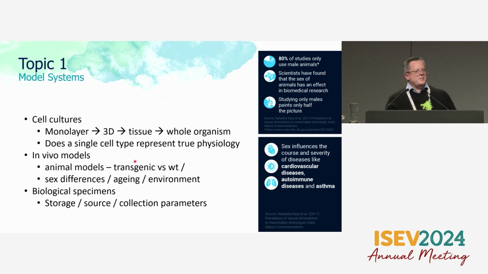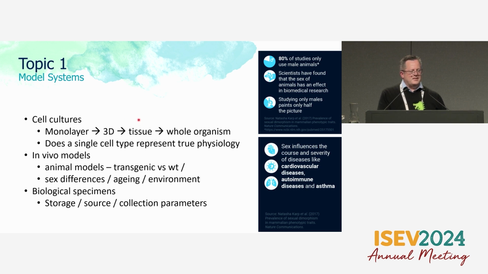So just a few words about model systems. Many of us will use cell cultures. So cells growing in a monolayer are very useful for certain kinds of experiments or for isolating EVs with particular properties, but they're quite a long way away from how cells really grow in vivo. So you could consider using three-dimensional cell culture systems, organoids, for instance, and now we can isolate EVs from tissue samples.